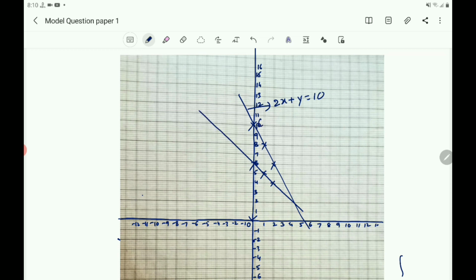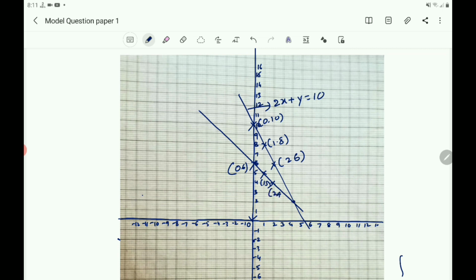This is 0, 10, this is 1, 8, and this is 2, 6. Then this is 0, 6, 1, 5, and this is 2, 4.